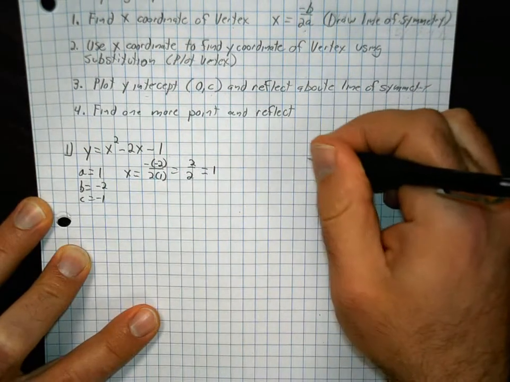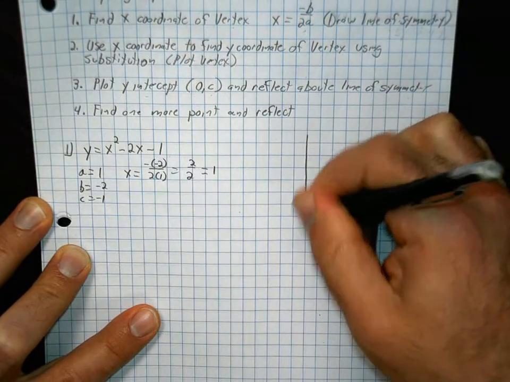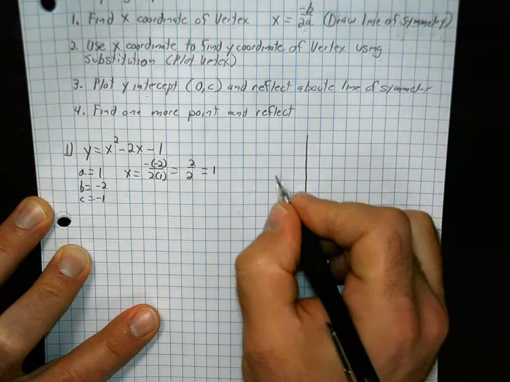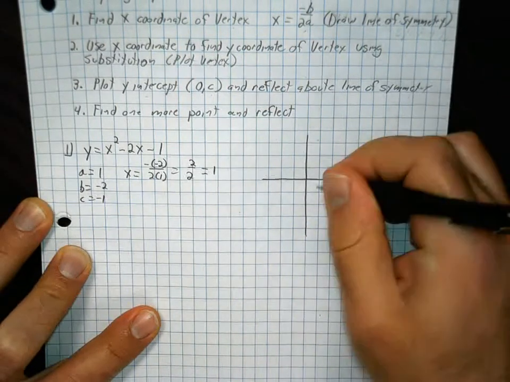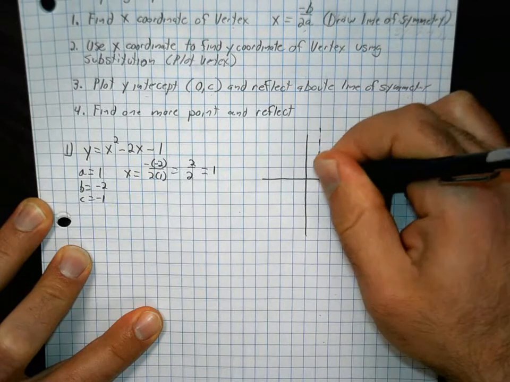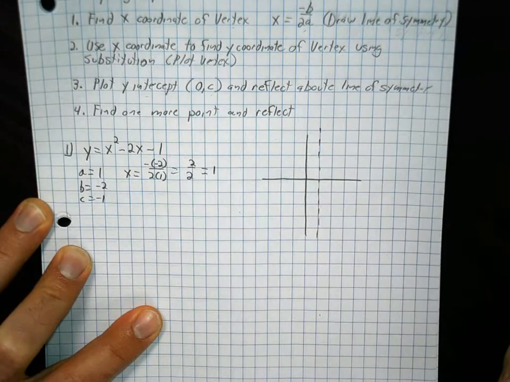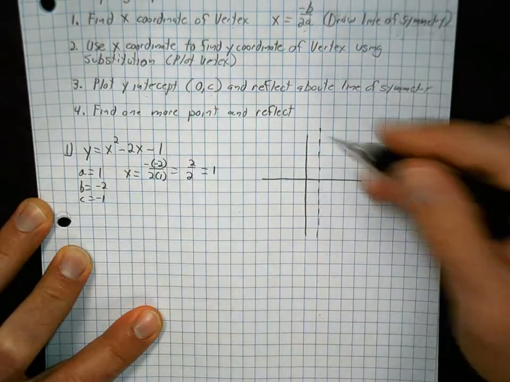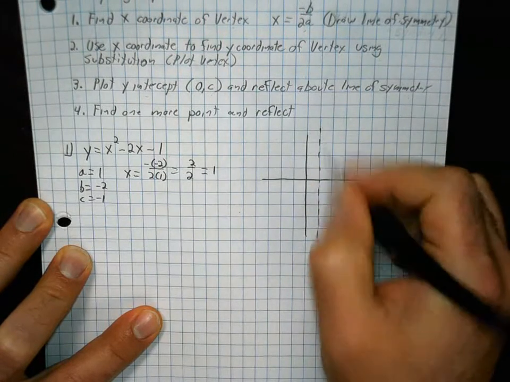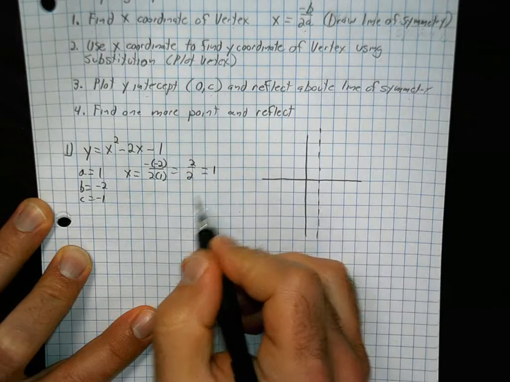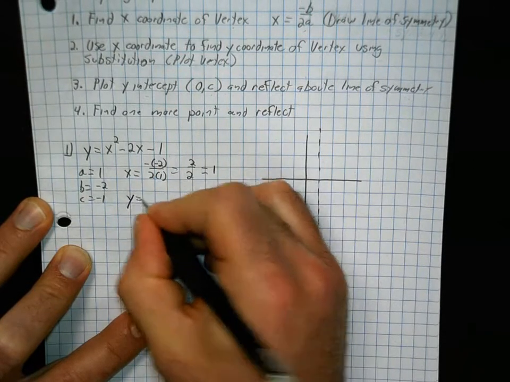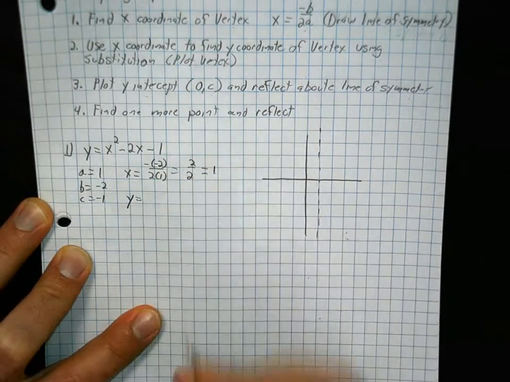Okay, so I'm going to start my graph over here. So the line of symmetry is at 1. So I'm going to draw that dashed line right now. That's where the center of the parabola is. My vertex is on that line somewhere. We know the x-coordinate is 1. We find the y-coordinate now, second step, by substituting 1 into the equation.